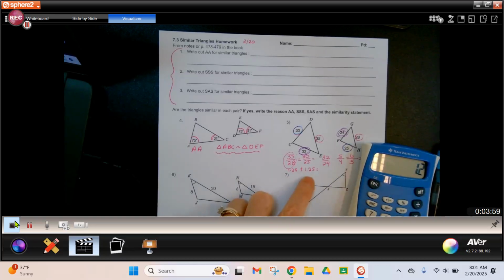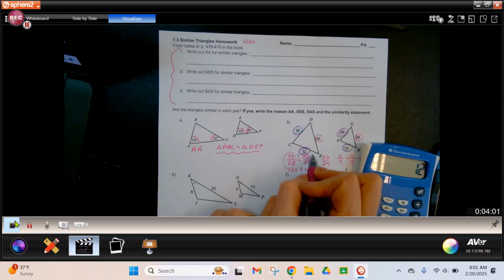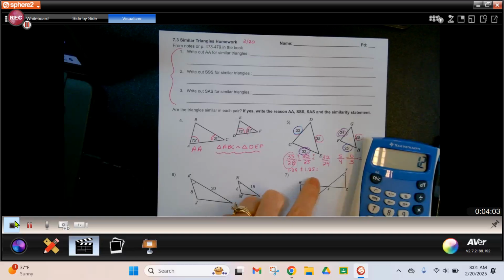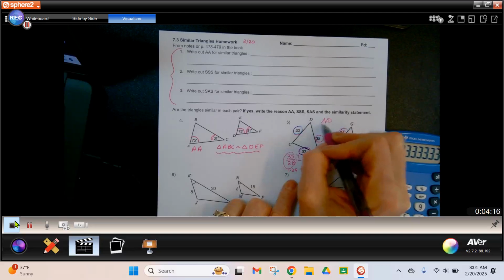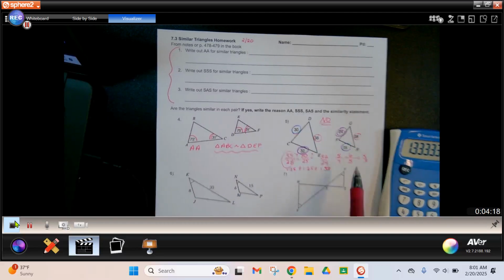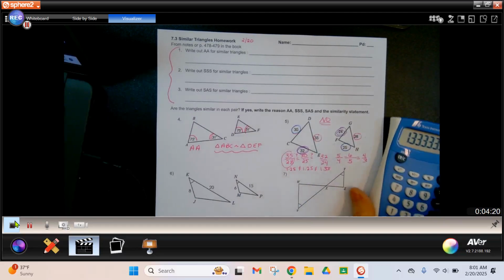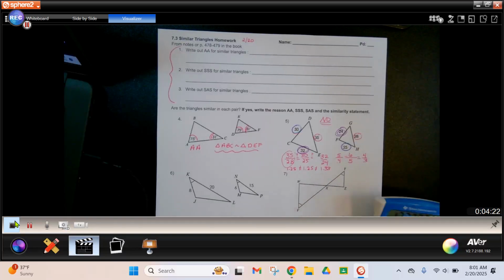So I guess I could put a question mark on these. We don't know if these ratios are going to be equal. And the last one is 32 divided by 24. And so that's 1.333 continuously. So these are not. So this is no. These are not similar, because their sides do not correspond. They're not proportional. The corresponding sides are not proportional.